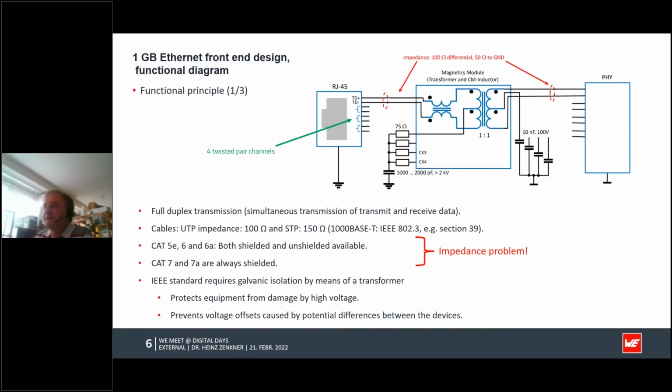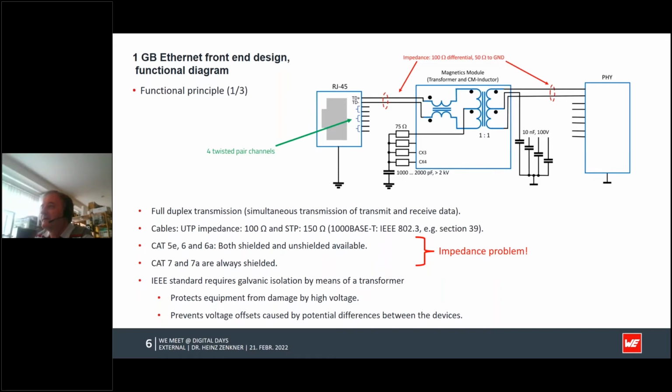And the next thing which we have to consider is that the IEEE standard requires a galvanic isolation, here by means of a transformer, which is here in the middle of my figure.